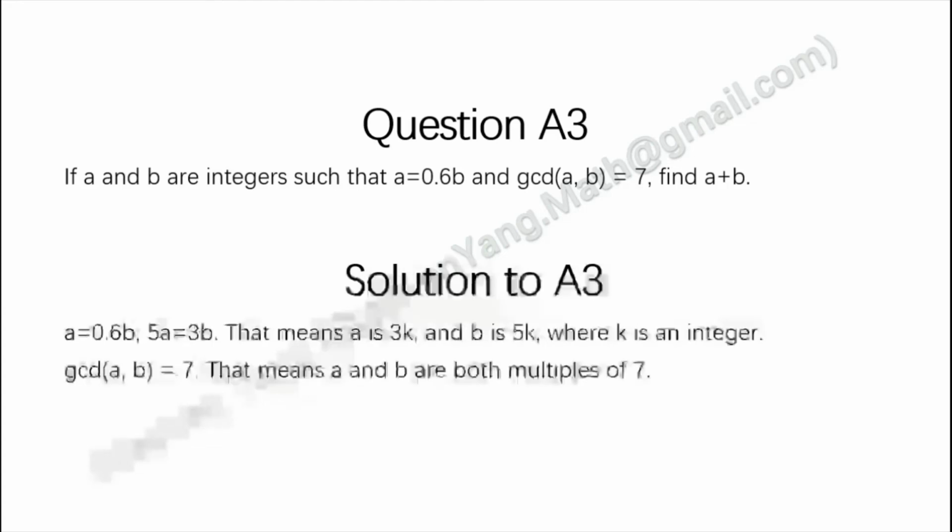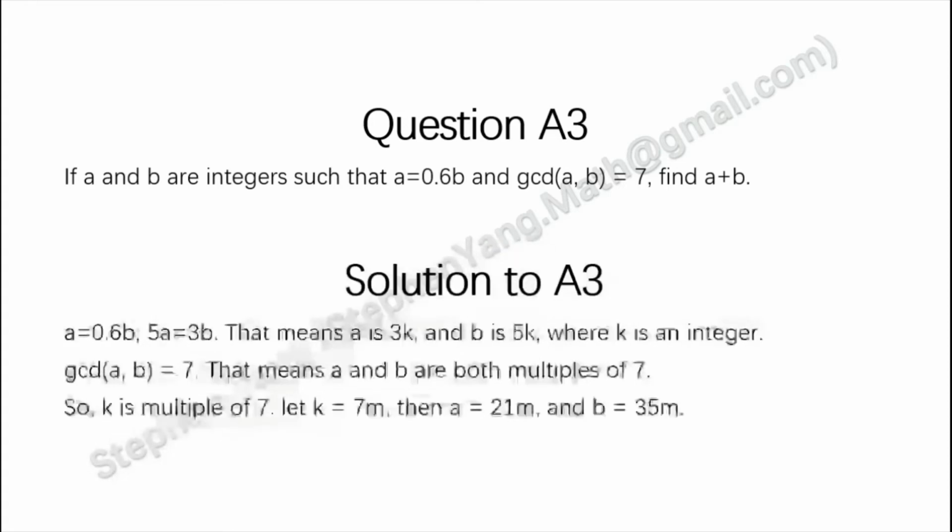And we also know that GCD of a and b equals 7. That means a and b are both multiples of 7. And now we know that k must be a multiple of 7 too, so let k equals 7m. So a equals 21m and b equals 35m.